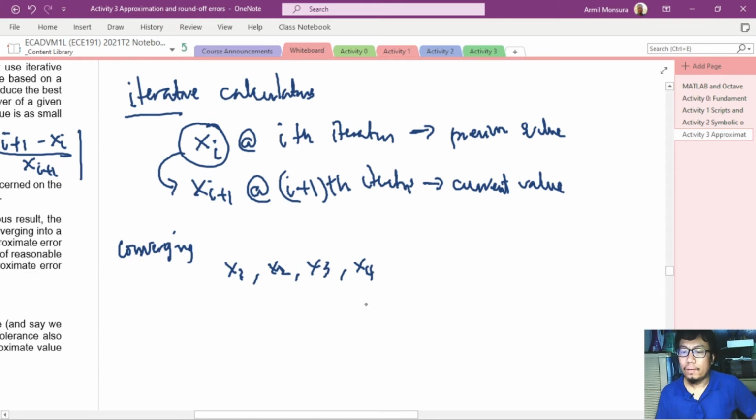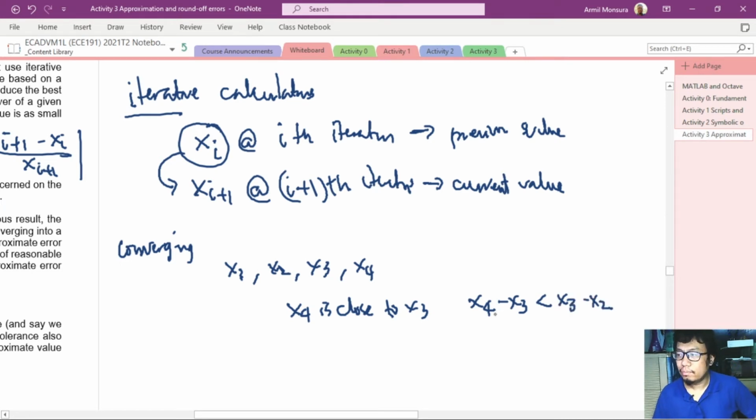Now, if your iteration is said to be converging, it means that x4 is close to x3, so that its difference, x4 minus x3, is actually less than the difference of x3 minus x2.